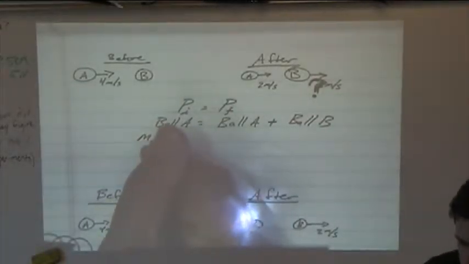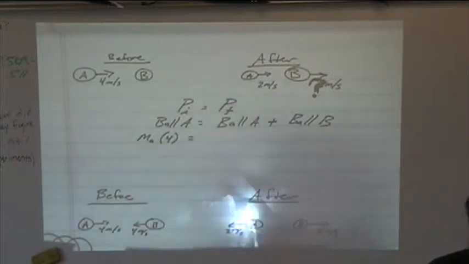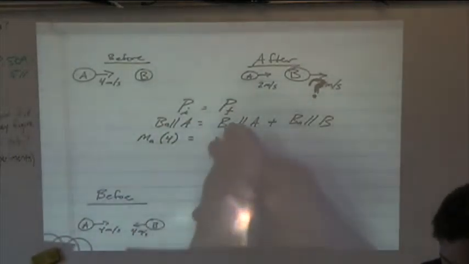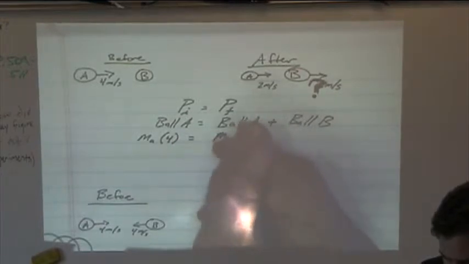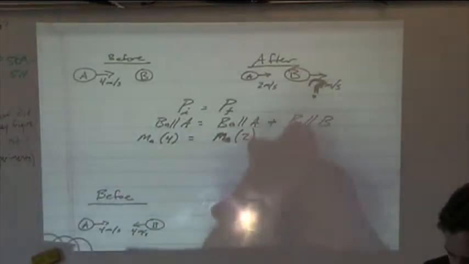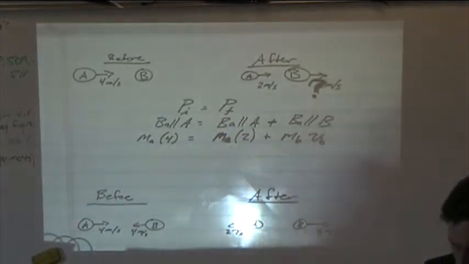Anything that has momentum then gets a mass times velocity statement. So the mass of A and the velocity is given as 4 equals the mass of A times 2, as a subscript A there, plus MB VB.